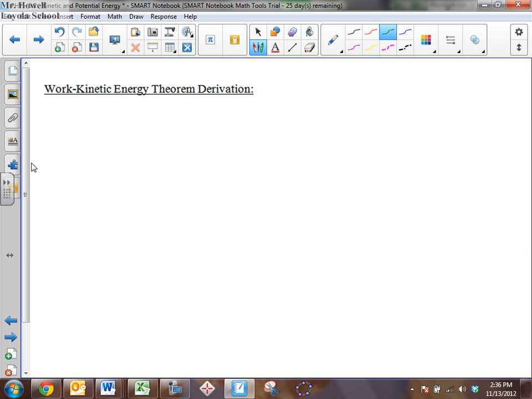The theorem says this: the work done on an object is equal to the change in the kinetic energy of the object. This is going to relate sections 5.1 and 5.2. The work done on an object, the force pushed, that work from the other day, is equivalent to the change in the object's kinetic energy.